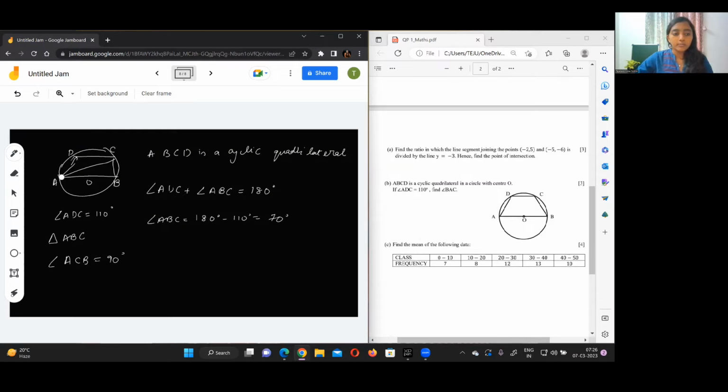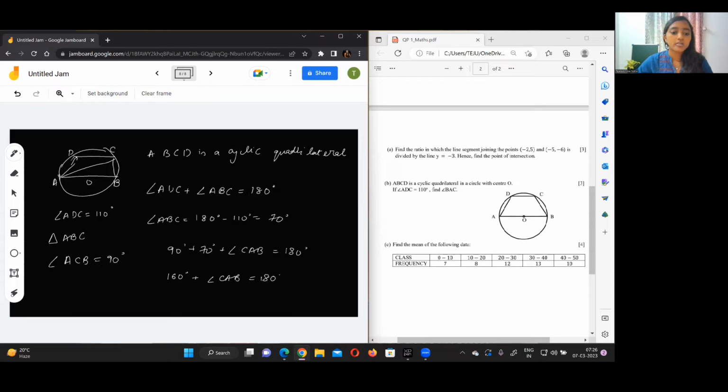And the three angles should be equal to 180 degrees. So you have 90 degrees plus 70 degrees plus angle CAB should be equal to 180 degrees. So you have 90 plus 70, which is 160 degrees, plus angle CAB is equal to 180 degrees.